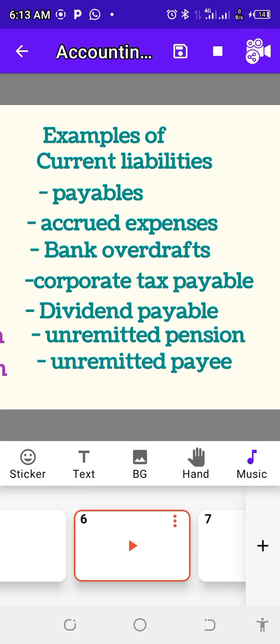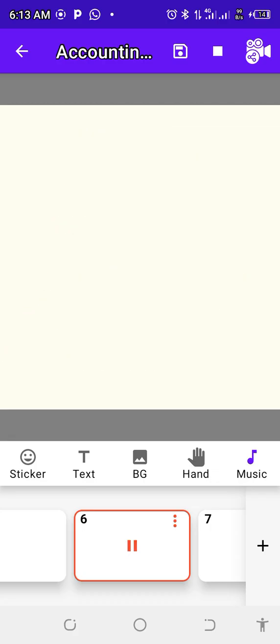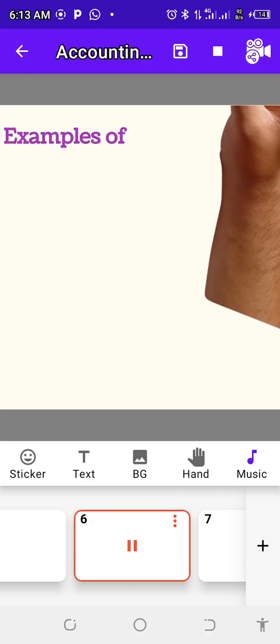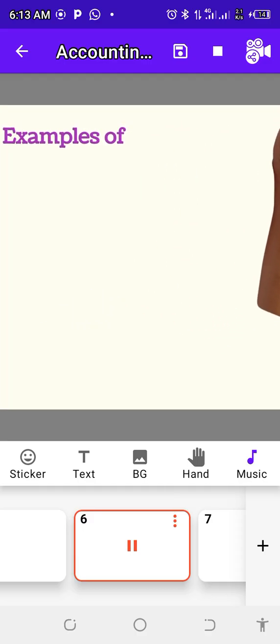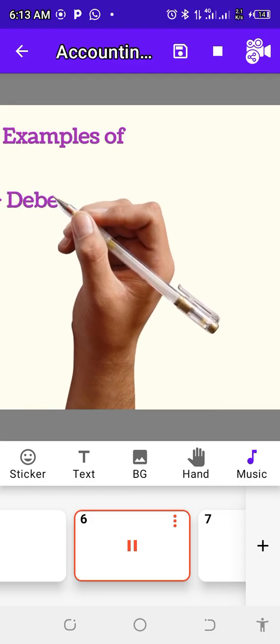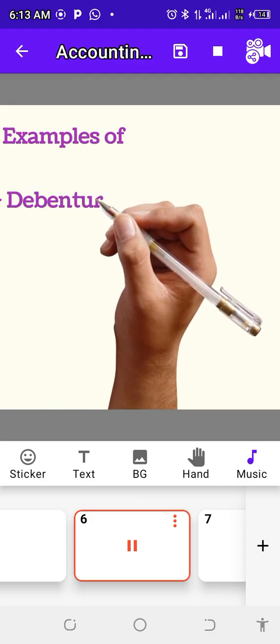Now, examples. I'm going to take examples of liability. Examples of non-current liability and current liability. The first is examples of non-current liability.